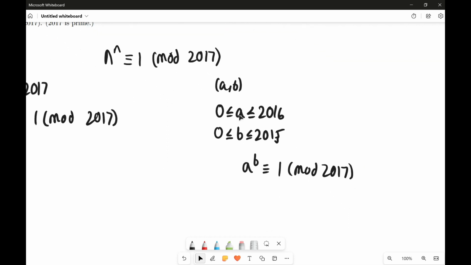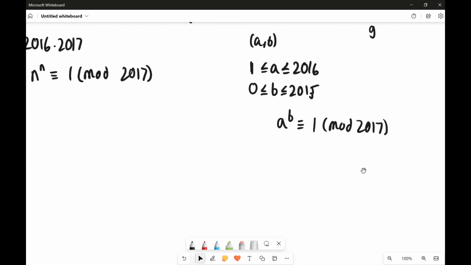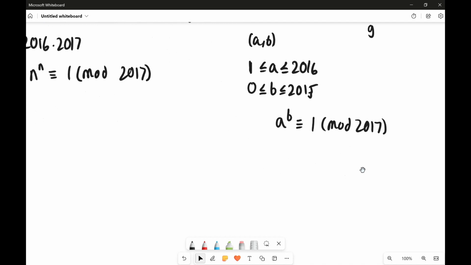So obviously A equals 0 doesn't work, so we can get rid of this and turn it into 1 is less than or equal to A is less than or equal to 2016. But now, luckily for us, we know that there's a primitive root, suppose G. Then all the possible values of A, modulo 2017, are just G, G squared, G cubed, all the way to G to the power of 2016.